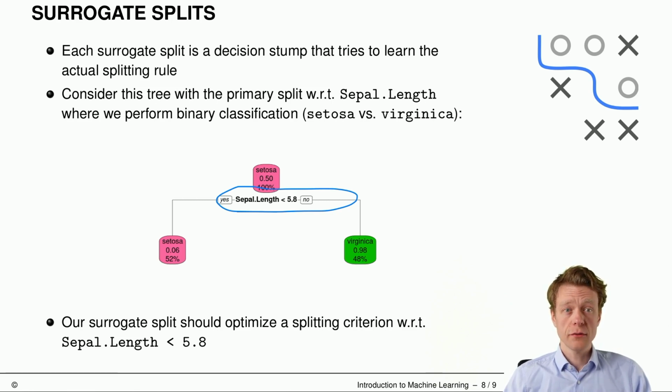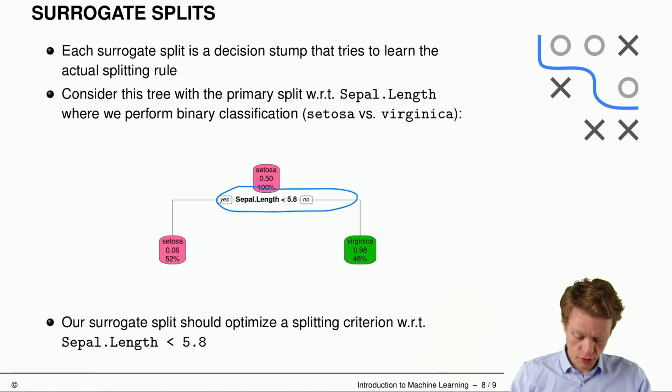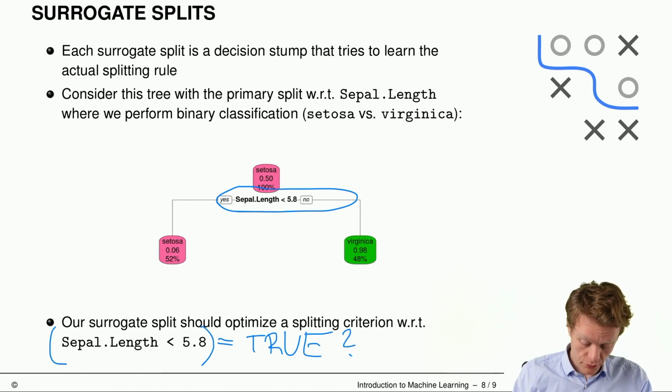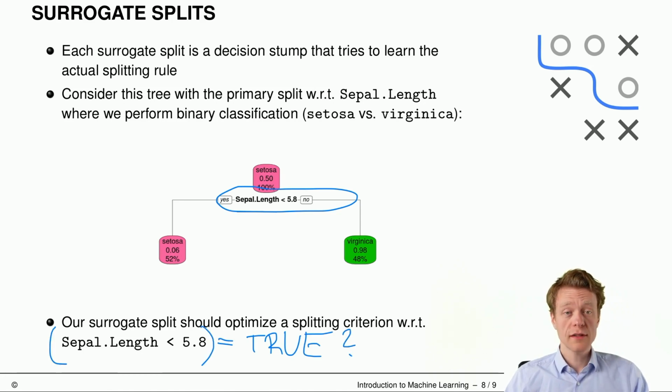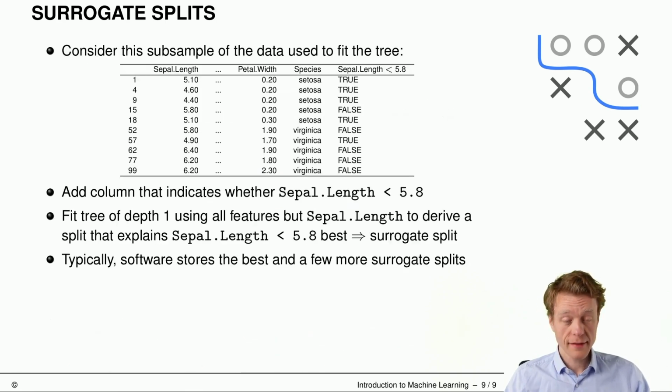Now, if you want to train a surrogate split, then the surrogate split should optimize a splitting criterion with respect to the question if this is true. So perhaps let's make parentheses here. So we're asking ourselves, and this then is the new target variable, let's say, okay? We have an example here on the next slide.